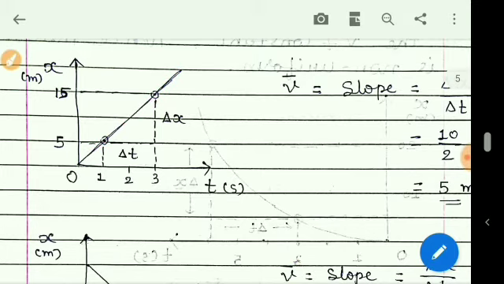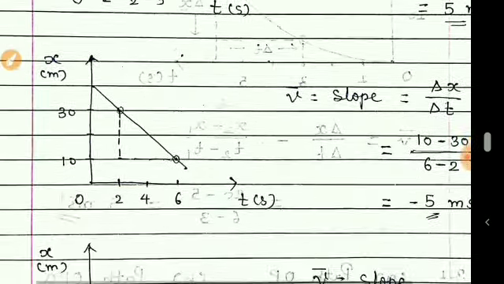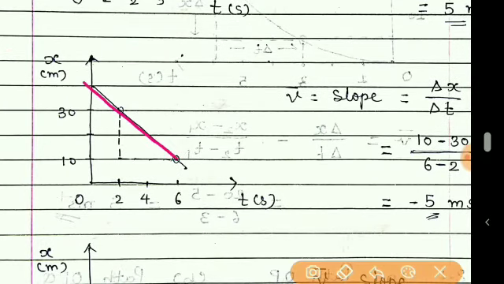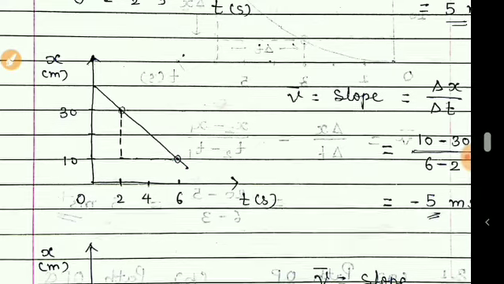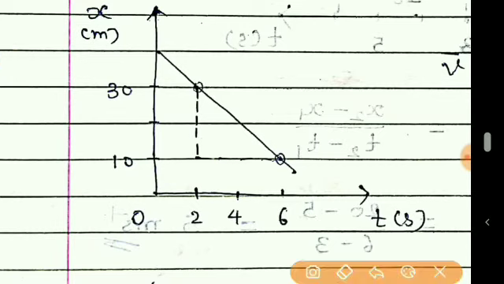Now in the next case, you can see the slope is downward, and for this type of downward slope it will be negative. Now once again, let us consider the 2 points on this downward slope. We have considered this point and this point. You can take any 2 points to find the slope.